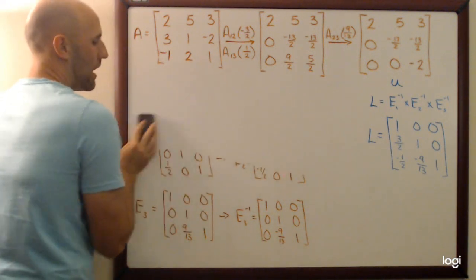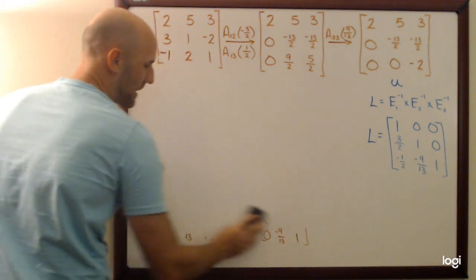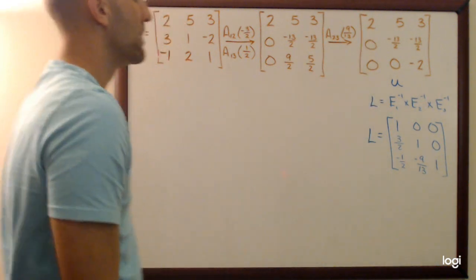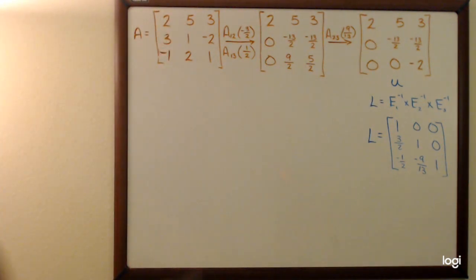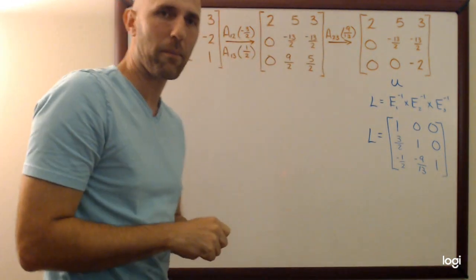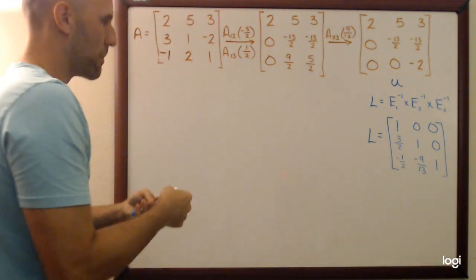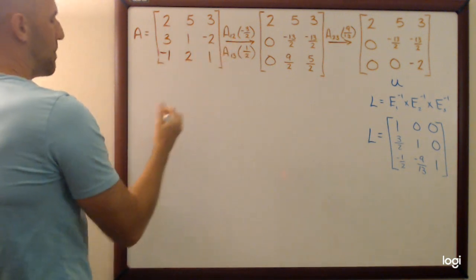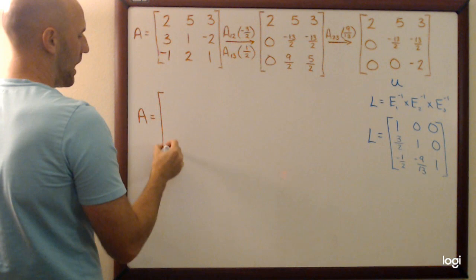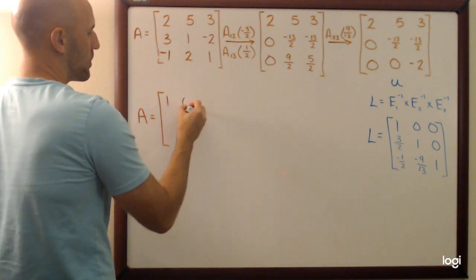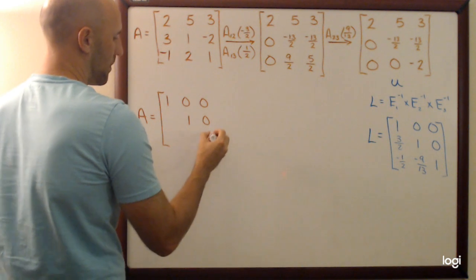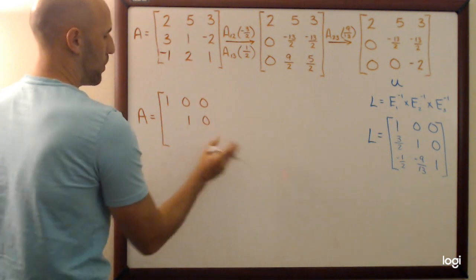Now, I wrote a lot of extra stuff I didn't need. I know what L is, I know what U is. In reality, I should be able to write down the factorization from this step. From this step, here's what I know. A is going to be L. L is going to be in this form. Oh, that's not a 0, that's a 1.